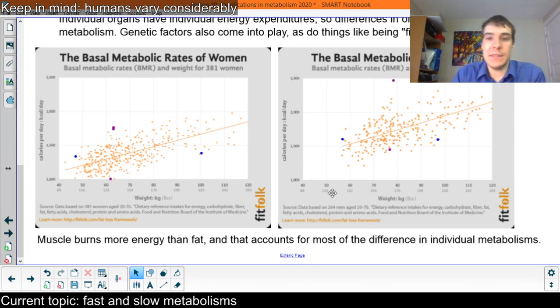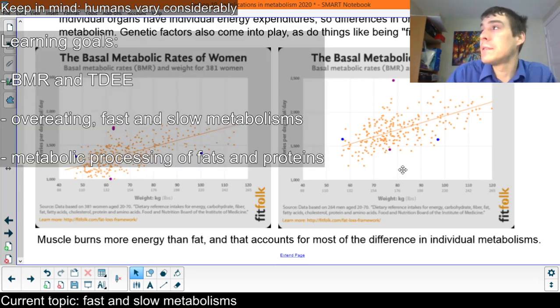Someone that's really lean and has a lot of muscle will have the same mass, but will have a much higher basal metabolic rate. So this person might just be really muscly, and this person might just be the same weight, but it's mostly fat more than muscle. So that's some of the things that affect different metabolisms.